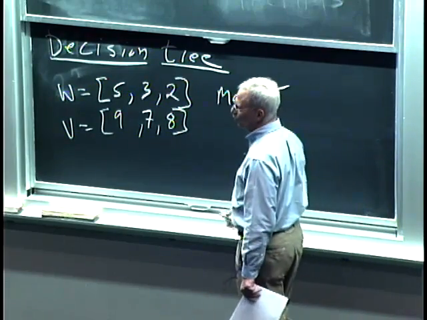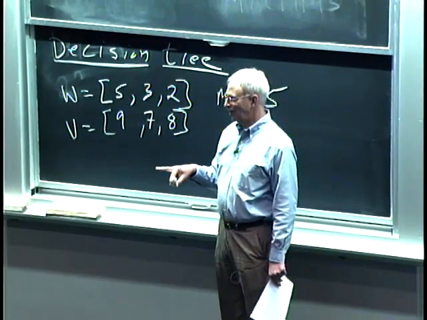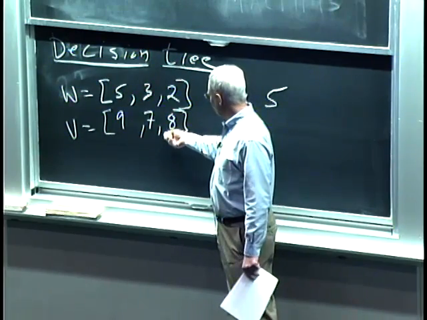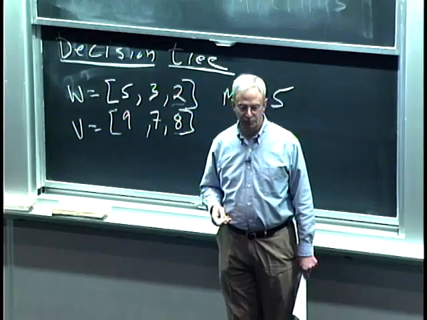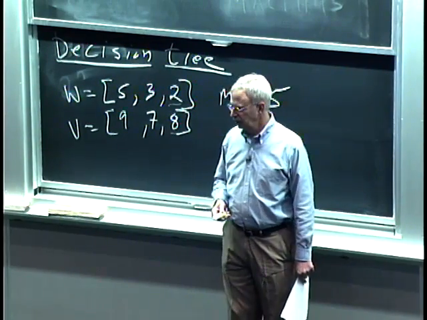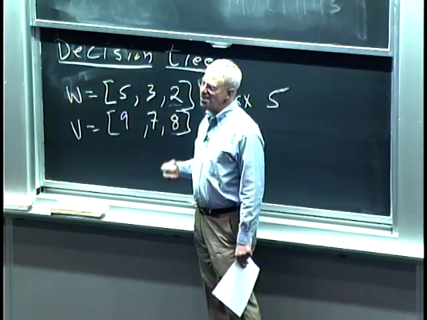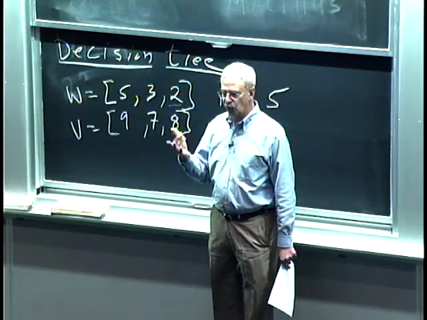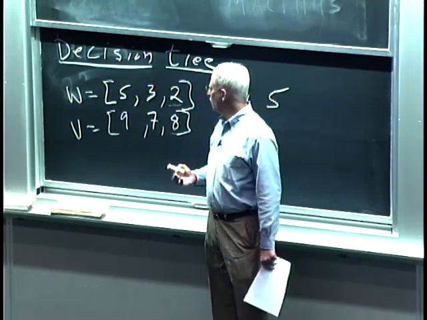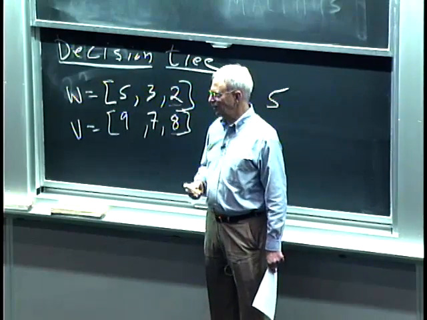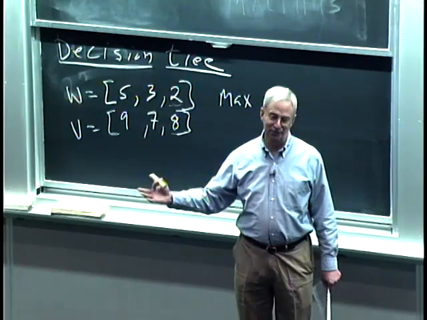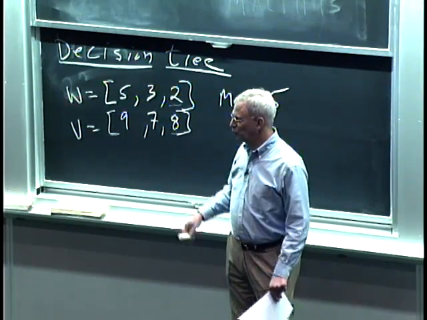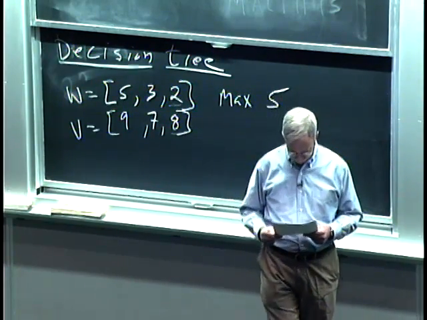For reasons that will become apparent when we implement it in code, I'm going to start at the back, the last element in the list. And I'm going to use the index of that element to keep track of where I am. So I'm not going to worry whether this item is a vase or a watch or a painting. I'm just going to say it's the nth element, where n is somewhere between 0 and 2 in this case.